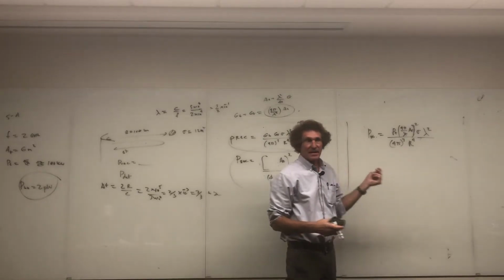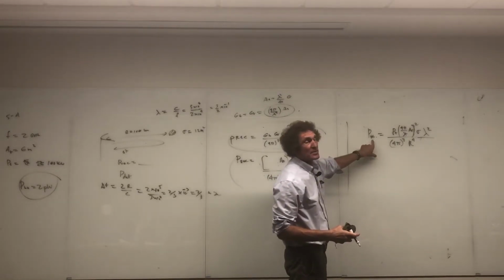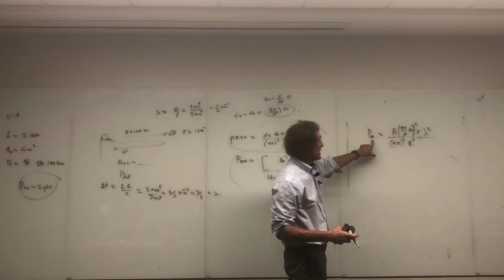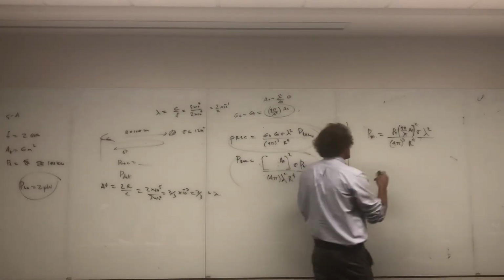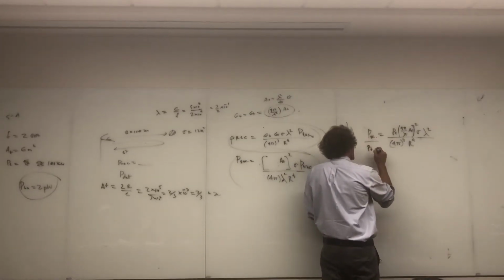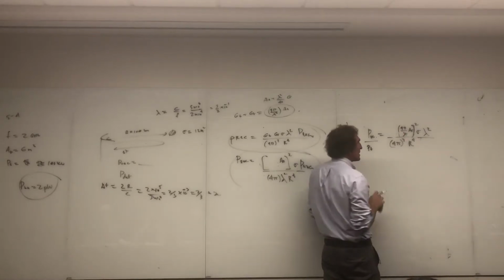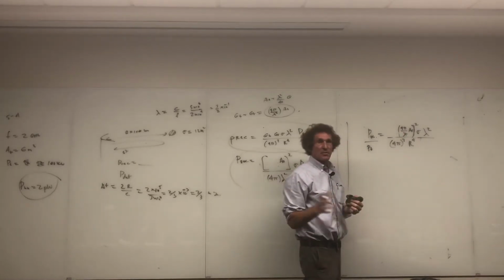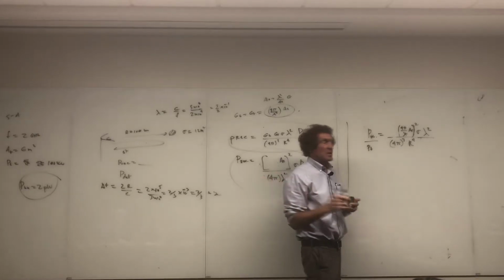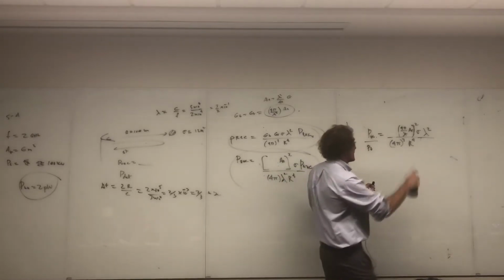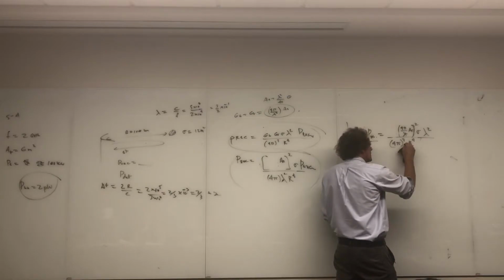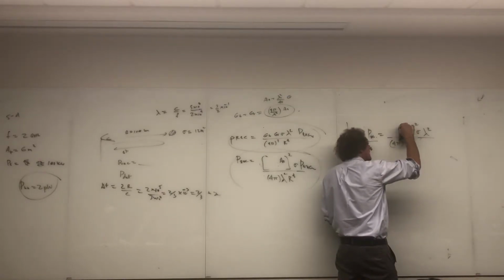Now, if I know what P received is, and I know what P transmitted is, I can just do a ratioing here. Do you agree with that? Then I'm going to simplify it a little. I got 4 pi cubed, leave it as just 4 pi there.